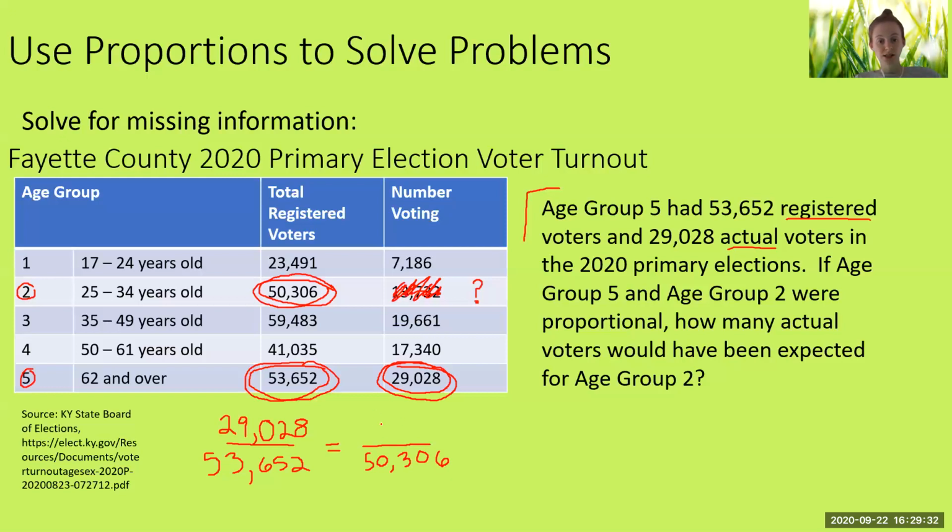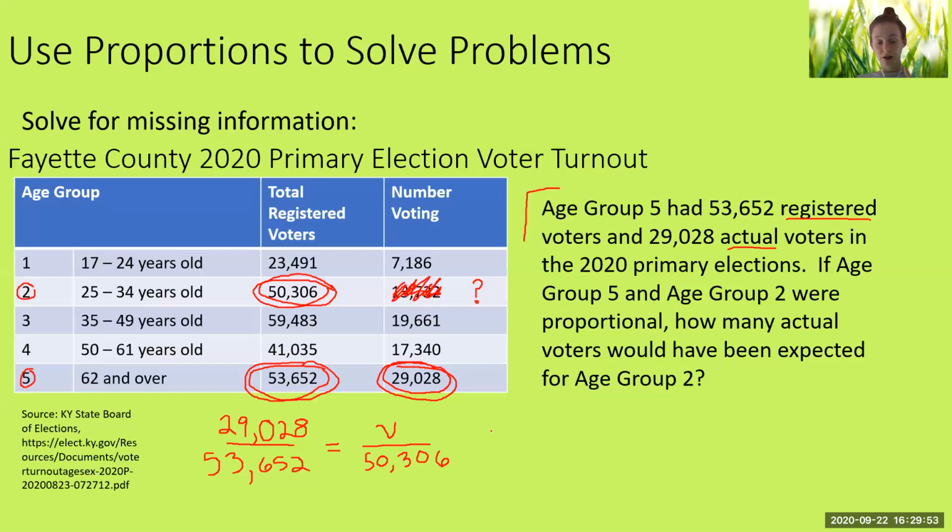So this is my missing value here. I'm going to put a V here for number of voters. So the V is just a placeholder for that missing number. V for voters.